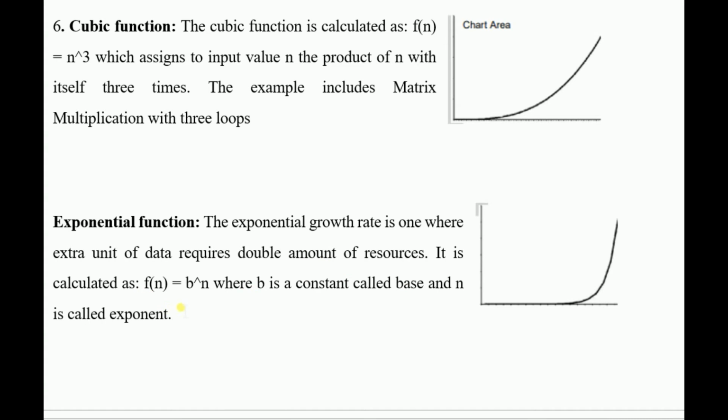It is calculated as f(n) is equal to b raised to n, where b is a constant called the base and n is called the exponent, and it will be represented in this way. For the earlier values, the resource required may be very little, but afterwards the resource required is more.